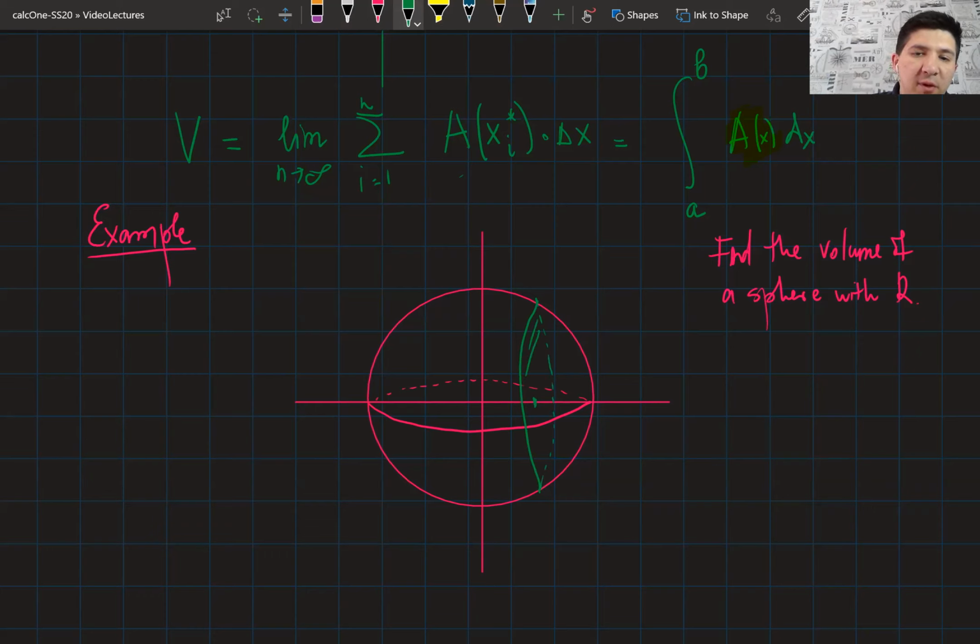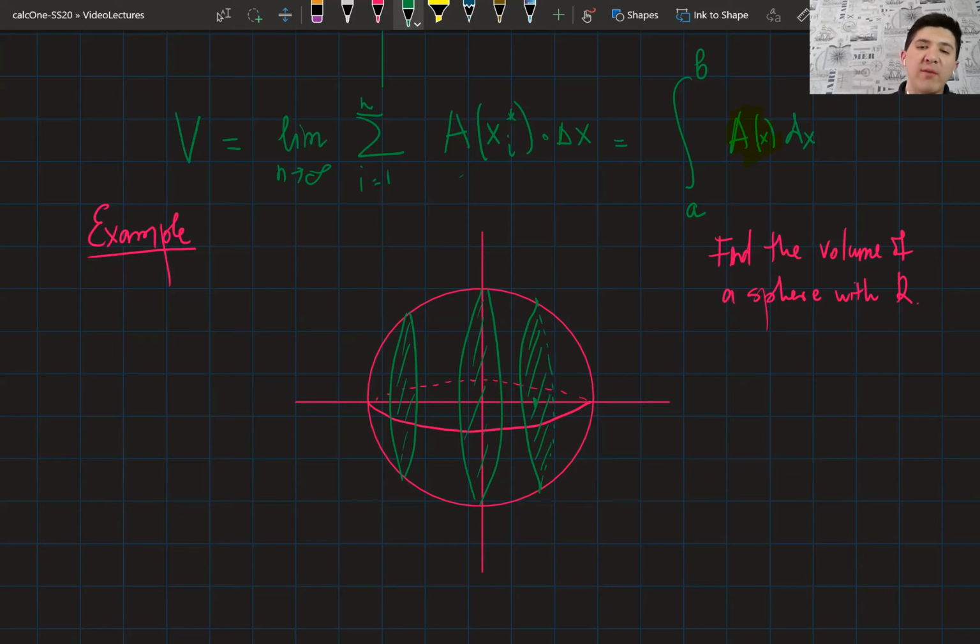And being able to find the area of the slice is one of the most important things which we need to do in order to find the volume. So we are going to create a lot of slices. So we can find a slice here, or we can find a slice here. And by just adding up the volumes of those slices, we can find the volume.